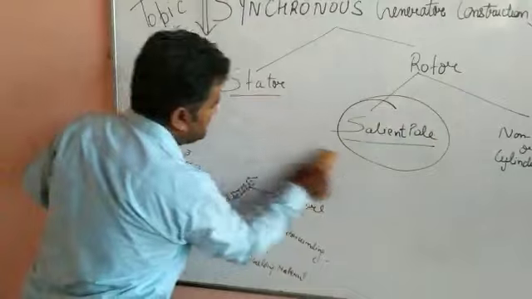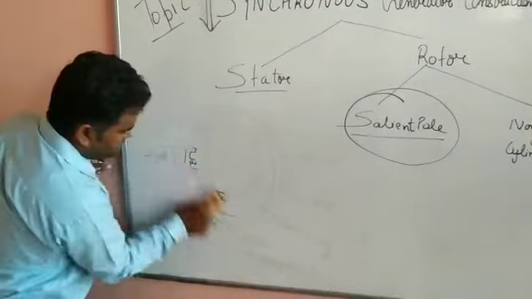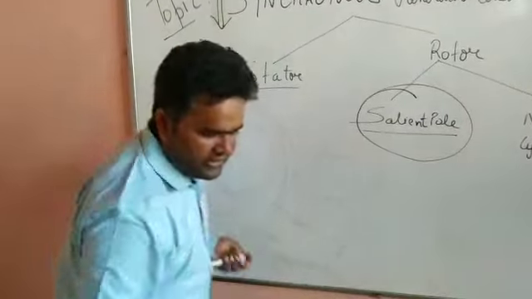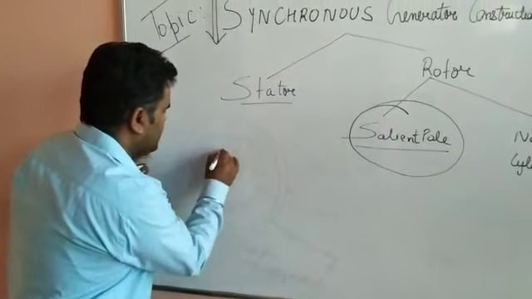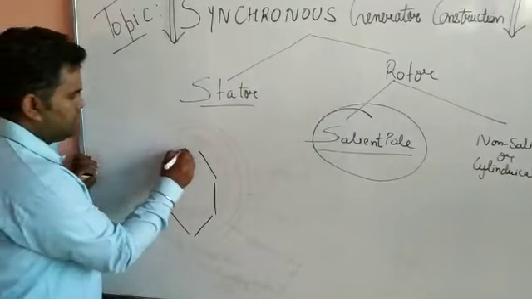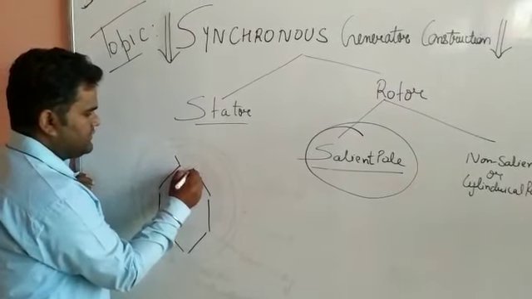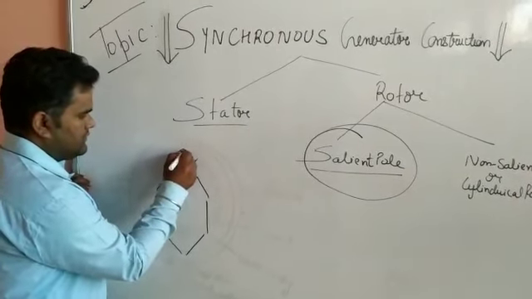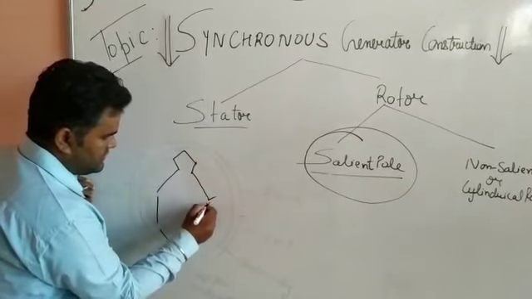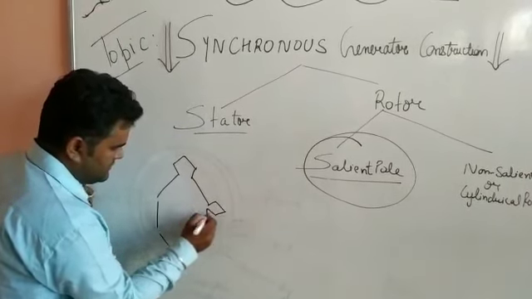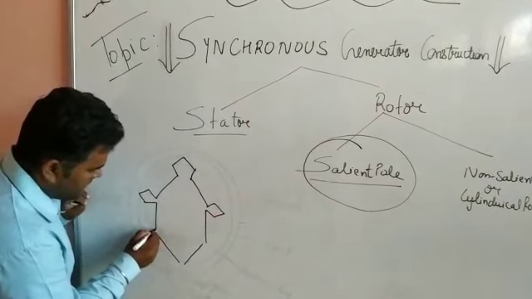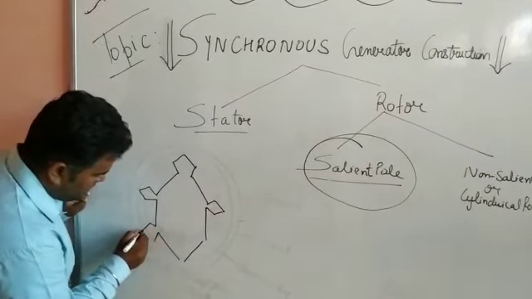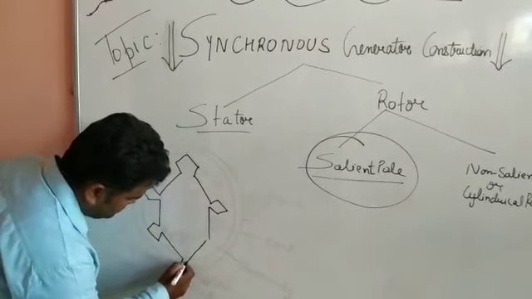I will draw the diagram for you in case of the salient pole type. Okay, so first of all, this is a salient pole type rotor I am drawing.